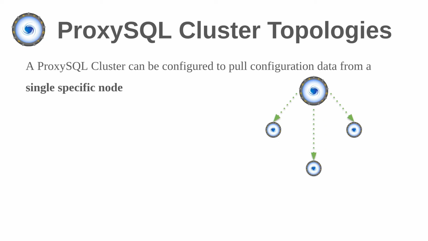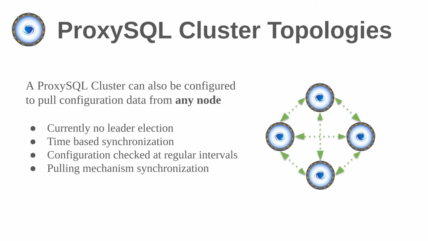Of course, a diagram like this has a single point of failure, and this is not the way you normally deploy ProxySQL cluster. The way you normally deploy is something like this. You will have a series of proxies that are monitoring each other. And as soon as you make any change in any proxy, the others will detect it and will pull the configuration from it.